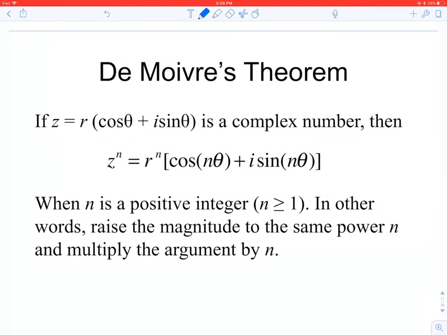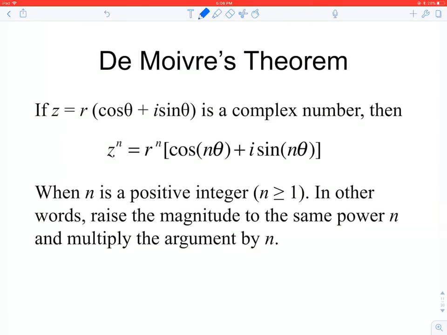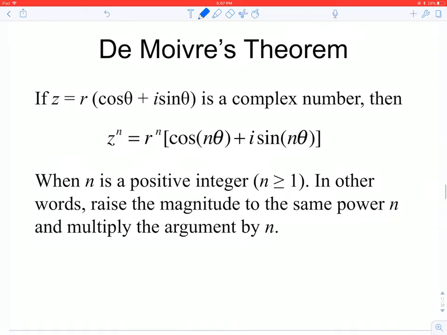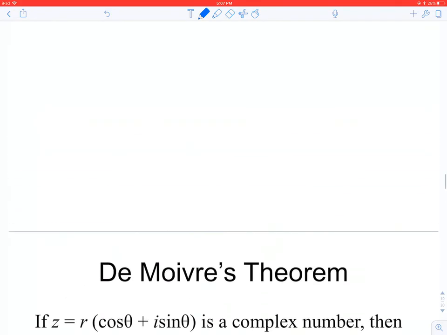Okay, now this pattern can be seen in de Moivre's theorem. So basically, if you're trying to raise a complex number to a power, you can use de Moivre's theorem if the complex number is in polar form. Now, if you have a complex number that's in rectangular form, like let's say we wanted to find 1 plus root 3 i to the 12th power, that would be really hard to find.